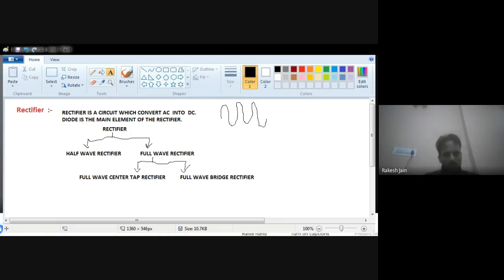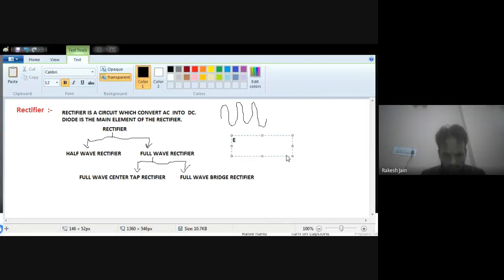First of all, what are the elements which we require to build the rectifier? The main element is the diode. Then, for the AC supply at the input, we require a transformer.